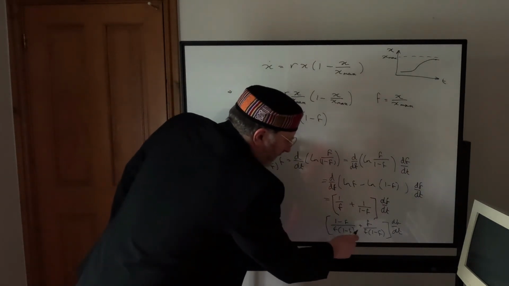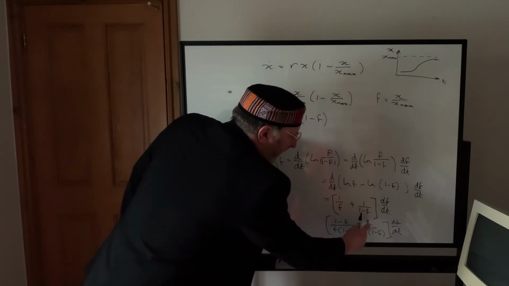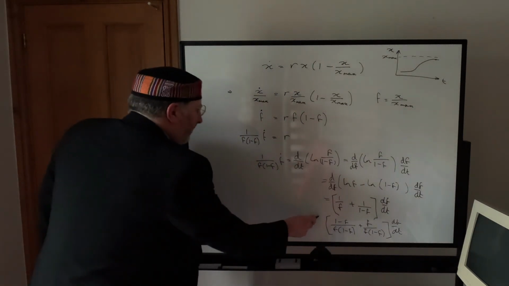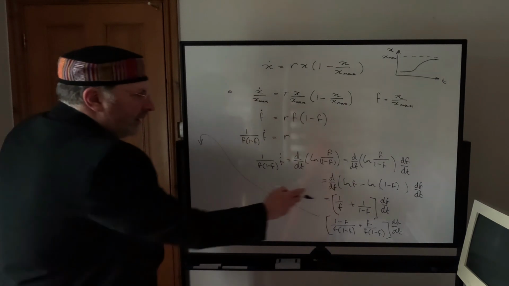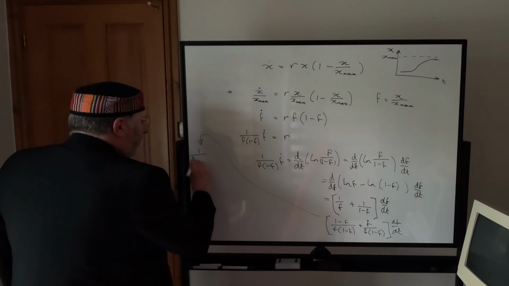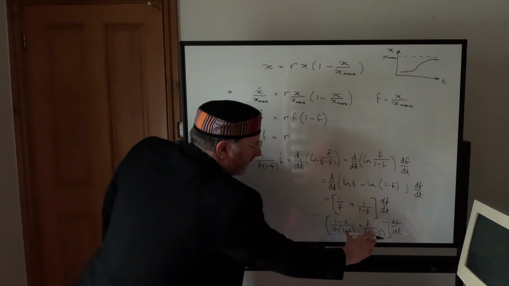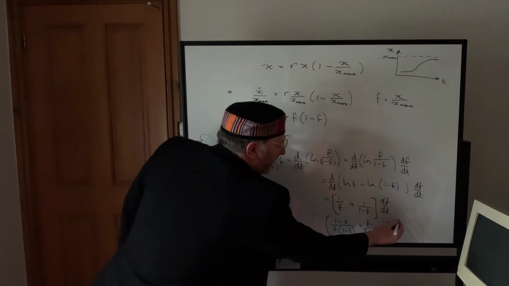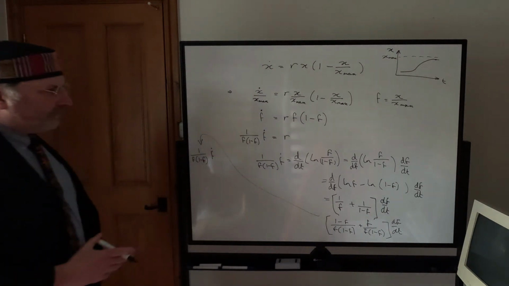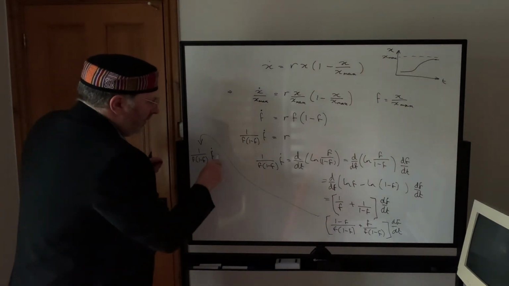Now over the common denominator, this is 1 minus f plus f, and 1 minus f plus f is just 1. So this becomes just 1 over f times 1 minus f, multiplied by df by dt, which is, in other words, f dot, which is what we started with.